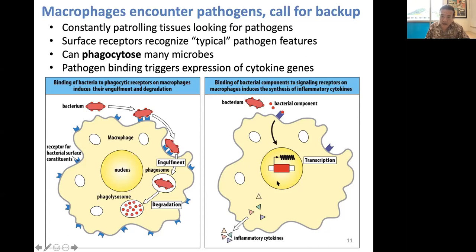So the way that happens is that the macrophage will then turn on the gene expression of certain genes that up until this point were quiet, and those genes then code for these little proteins here, these little different colored triangles that are meant to be released by the macrophage so that other cells in the immune system around it can receive these little triangles as kind of like a message to wake up.